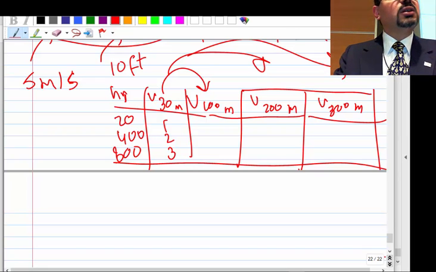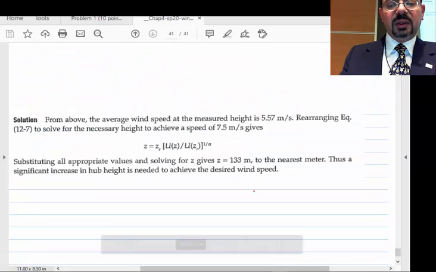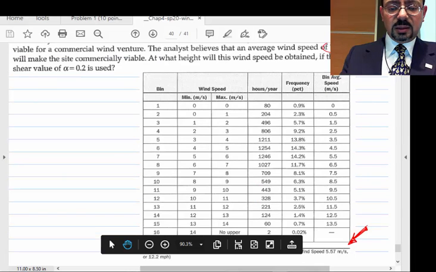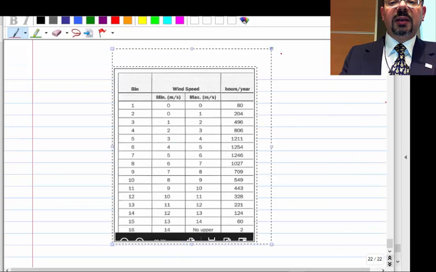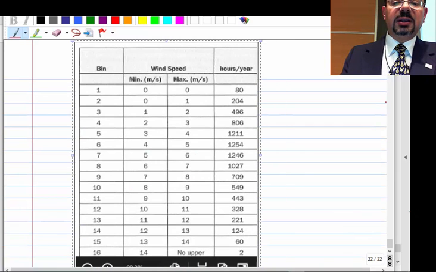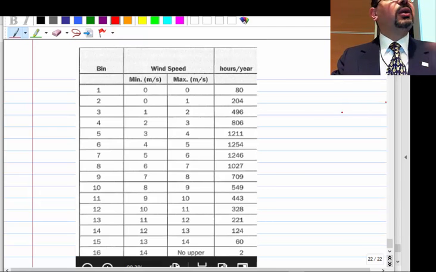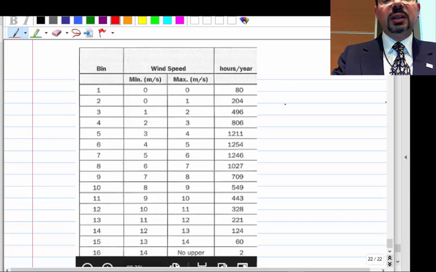So how do I calculate the average velocity from that table? If I have a table like this, how do I calculate the average velocity from it? I just have hours and velocity. What's the equation that we used to calculate the average velocity? V mean was the integration of h(V) V dV, right?